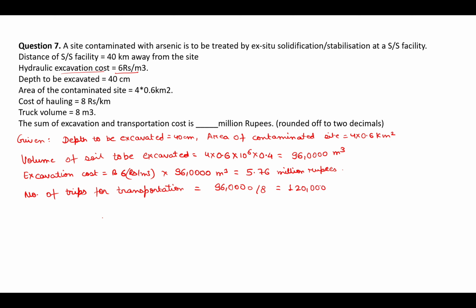And next we have been given the transportation cost, or the cost of hauling, which is rupees 8 per kilometer. So we will find out the transportation cost. It will be the cost per kilometer into distance into number of trips.